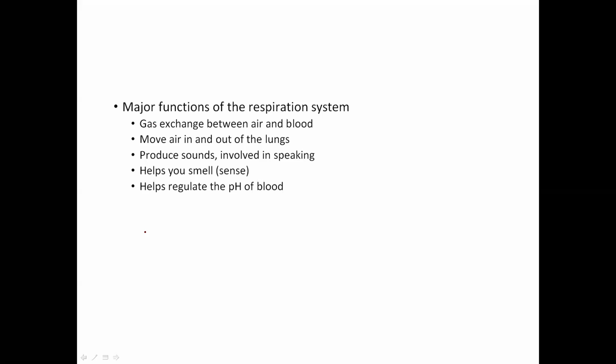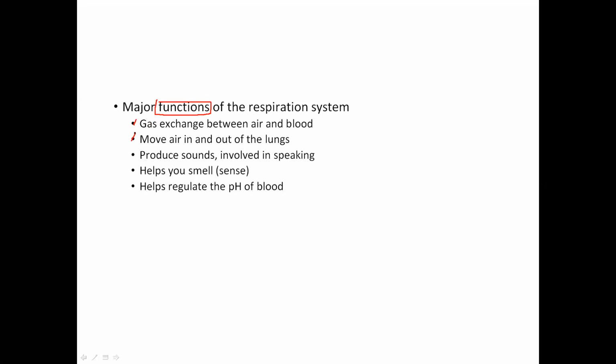The major function of the respiratory system. So keep in mind as you all are studying, anytime you see the word function of, just make a note card. On the front side, you might say the function of the respiratory system is, and then on the back side, you would put what that function is. Things like gas exchange between the air and blood, so CO2 and oxygen.